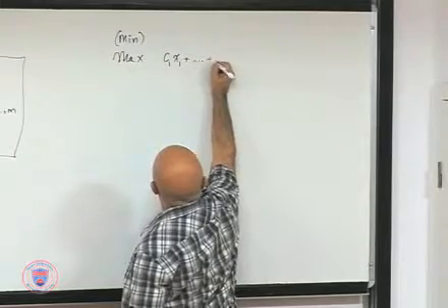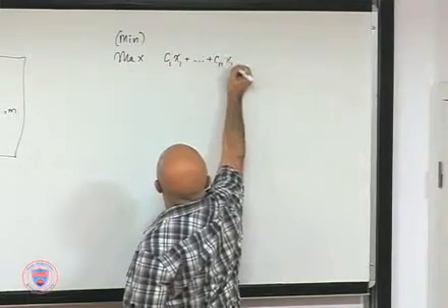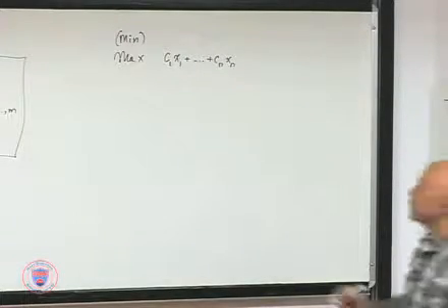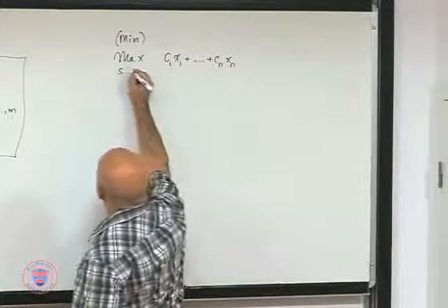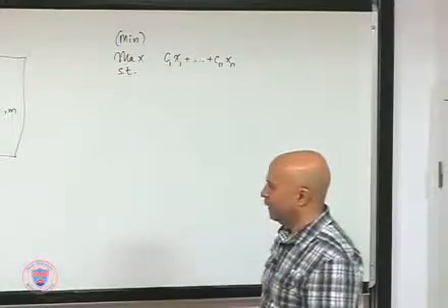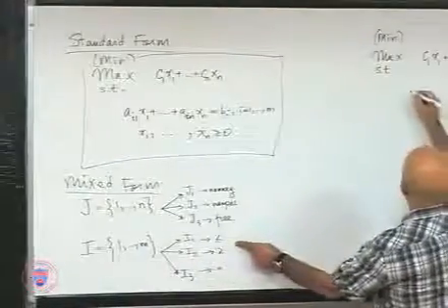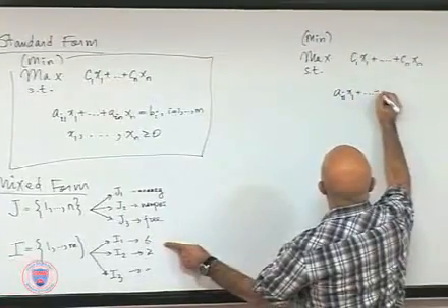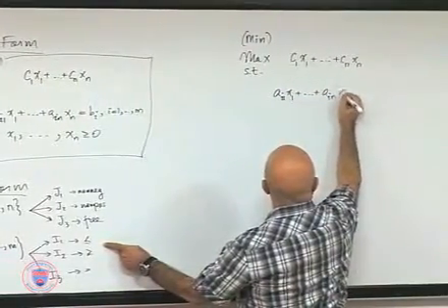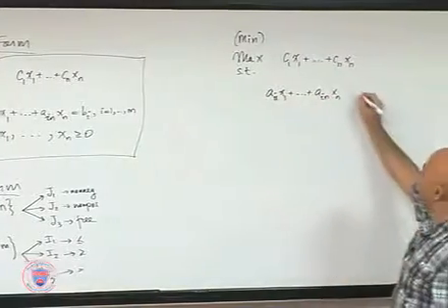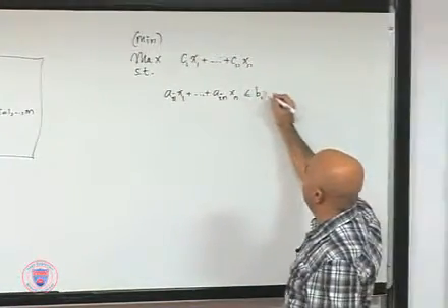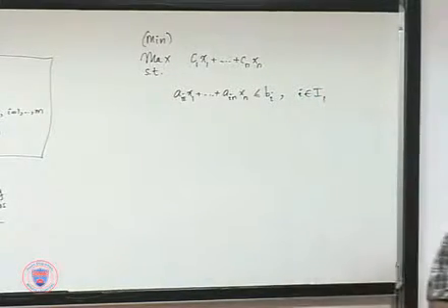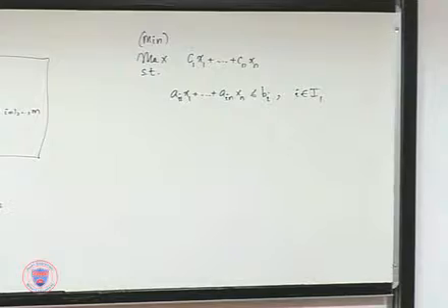C1x1 up to Cnxn is being maximized or minimized, subject to, we've got Ai1 x1 up to Ainxn less or equal bi for i in the functional constraint set I1.